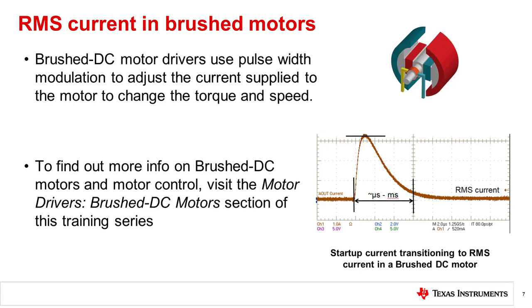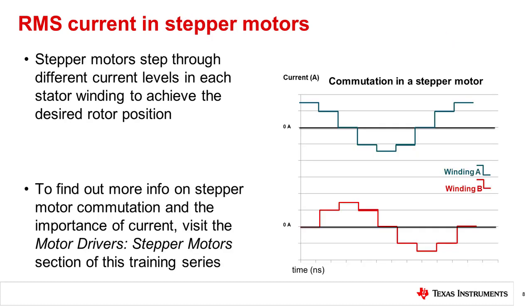To find out more info on brushed DC motors and motor control, visit the Motor Drivers Brushed DC Motors section of this training series. For stepper motors, current plays an important role in motor commutation. A stepper motor has two pairs of windings, and stepping through different current levels in each stator winding causes the rotor to move to a desired position.